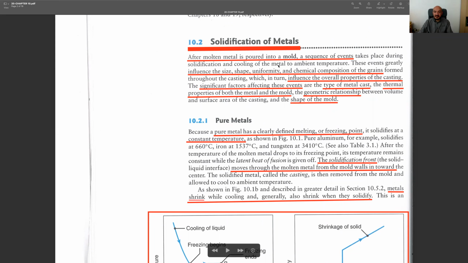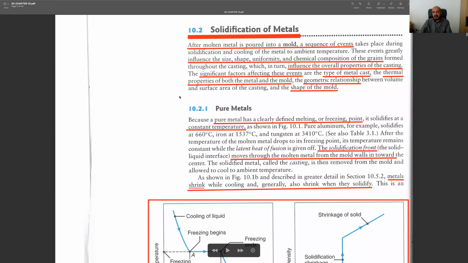At the end of this process, we want our part to be at room temperature. These events, the cooling and solidification, usually depend on the size of the grains, the uniformity of the liquid metal, and the chemical composition. They all affect the quality of our casting process.